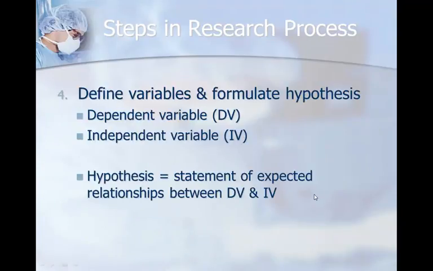Okay, so when we think about our fourth step in the nursing process or research project, it's really to define the variables and formulate a hypothesis. Variables are the concepts, and they vary or change in value, much like our weight, blood pressure, anxiety, temperature, feelings, etc. A variable is any quality of a person, group, or situation that takes on different values.